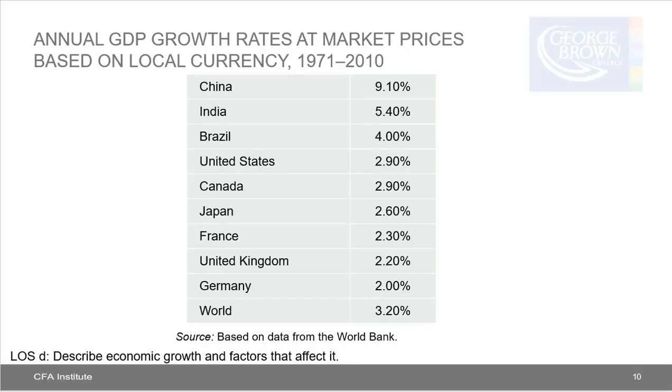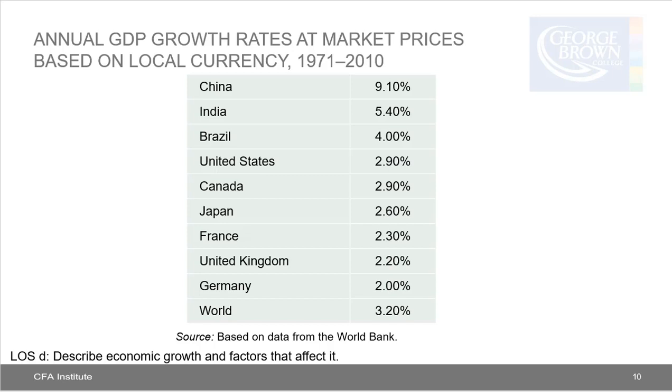This slide is looking at annual GDP growth rates at market prices based on local currency from 1971 to 2010. It's coming from the World Bank, so the data is a little bit old, probably could be updated. Anyhow, a couple of key things come out of this slide regardless of the timing of the data. Developed countries typically have aging populations and lower birth rates, so their potential labor force will grow slowly or even decline.